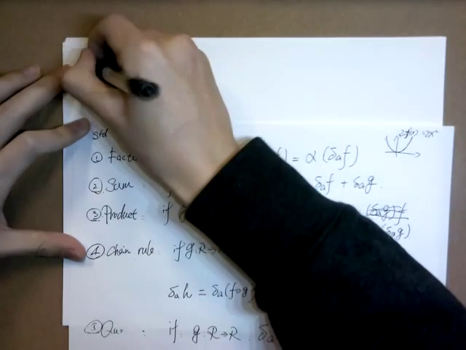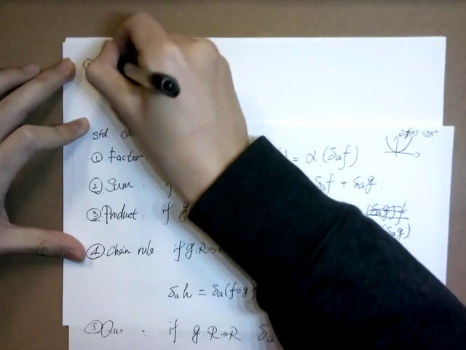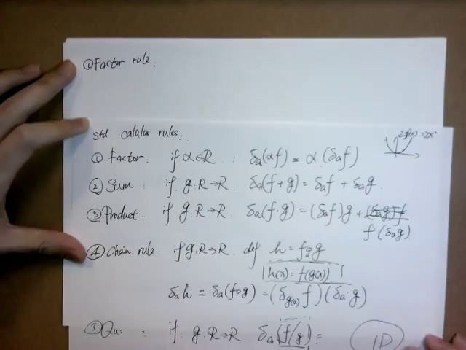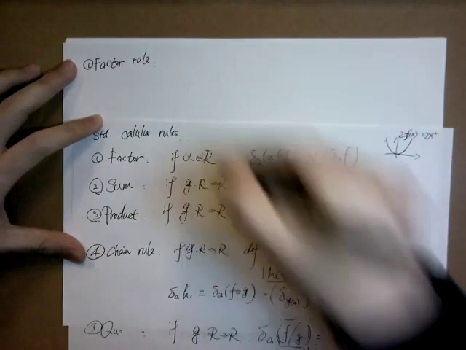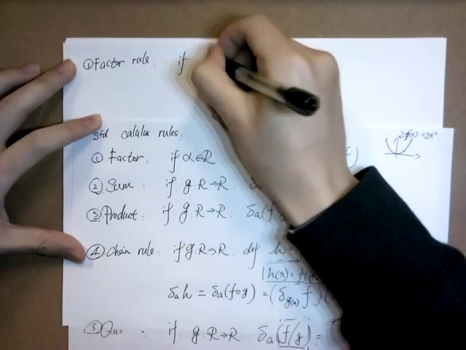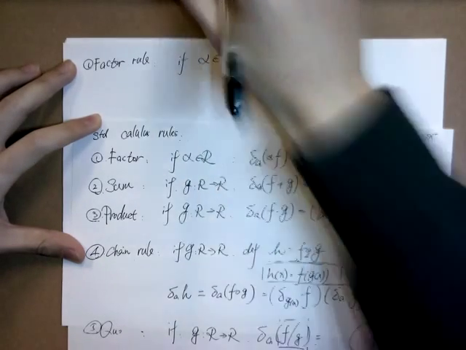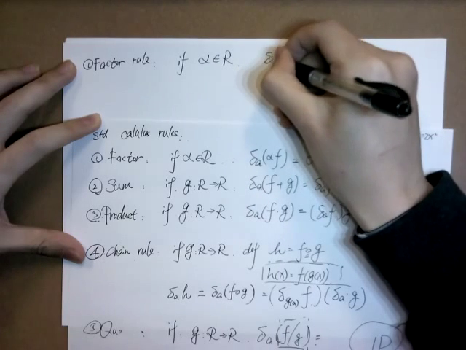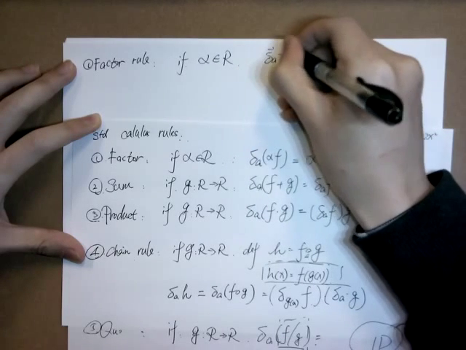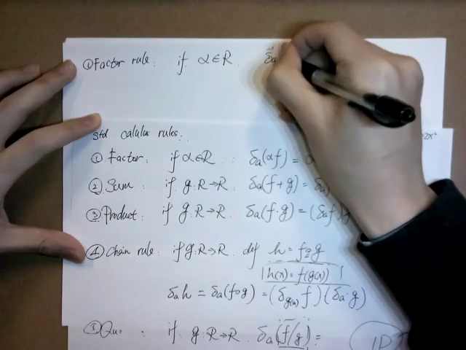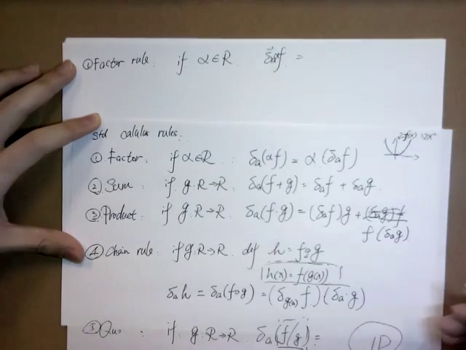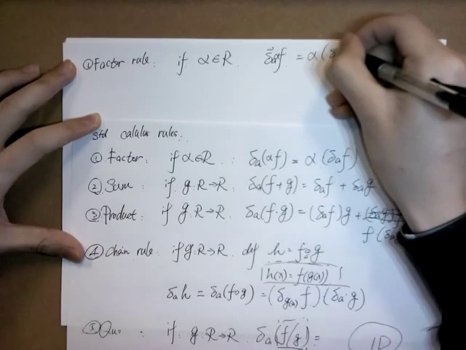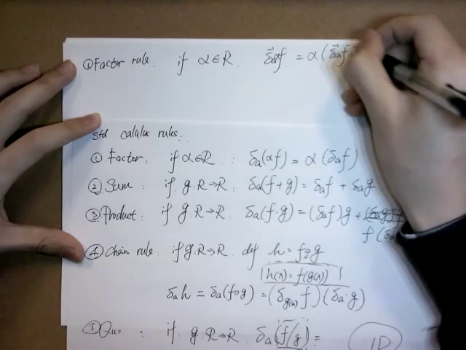The first one is the factor rule. So what is the factor rule? If alpha belongs to R1, what's the total derivative of alpha f? This one should be simply alpha multiplied by the total derivative of f.